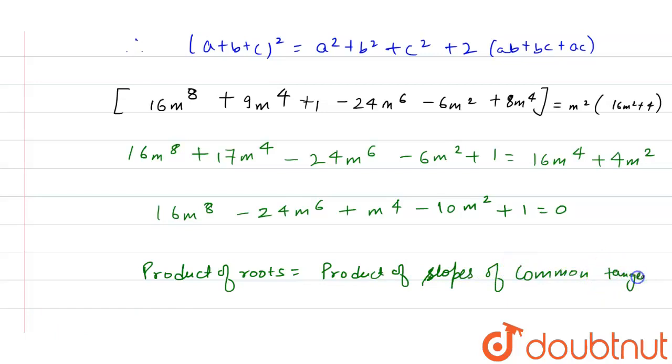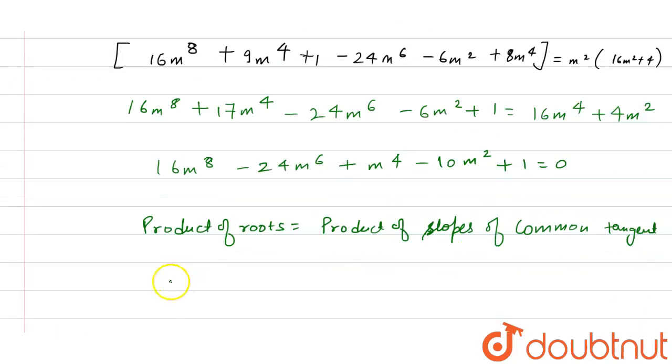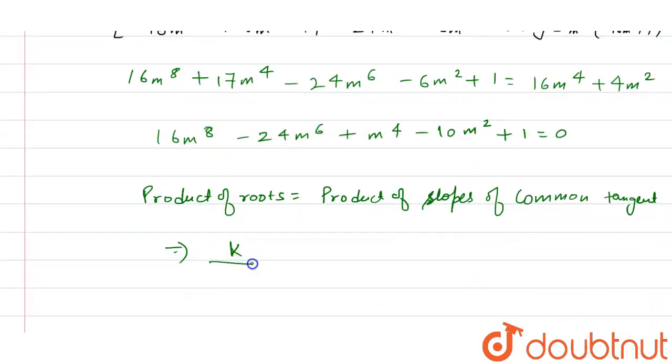This is an even polynomial, so this will be equal to the constant term, that is 1, so we denote this constant term by k, divided by the coefficient of higher power unknown.